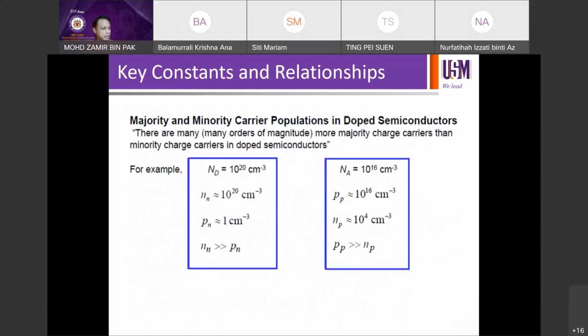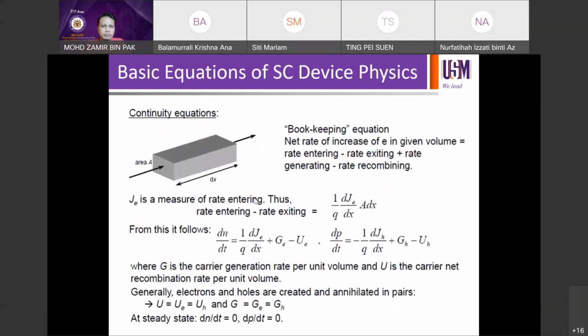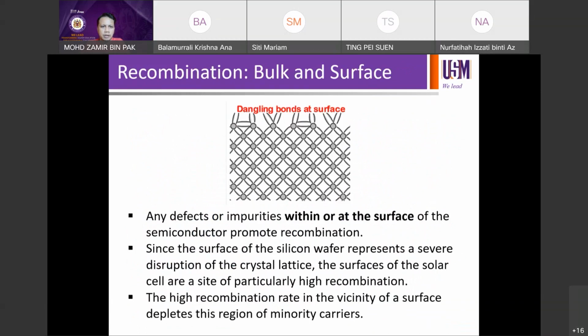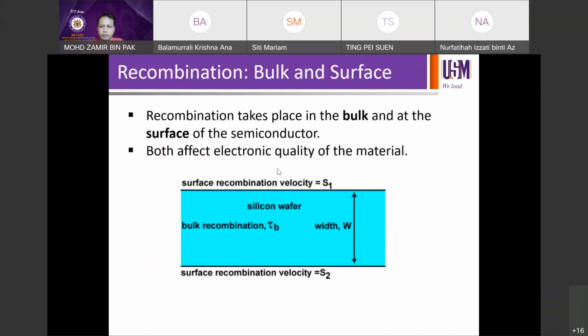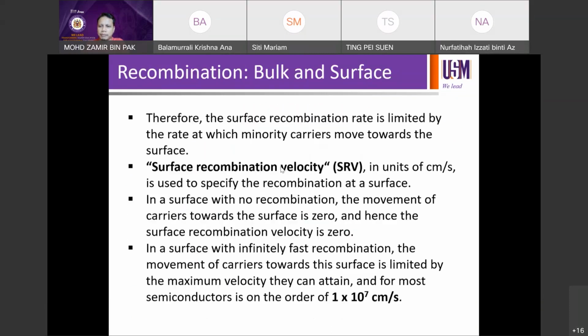So is everyone clear on the concept of recombination, bulk and surface recombination, diffusion length, carrier lifetime, and eventually passivation for bulk and surface? Is it okay? Do you have any questions before we take a break for about 10 minutes?